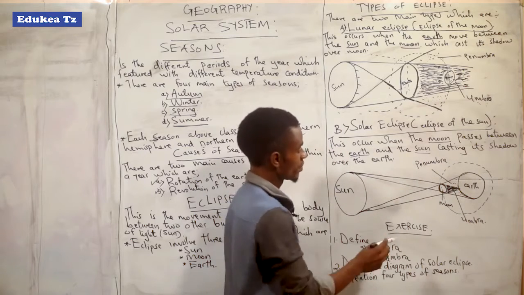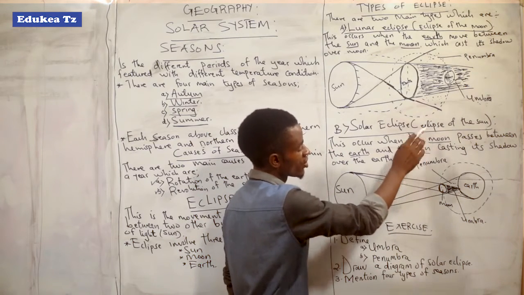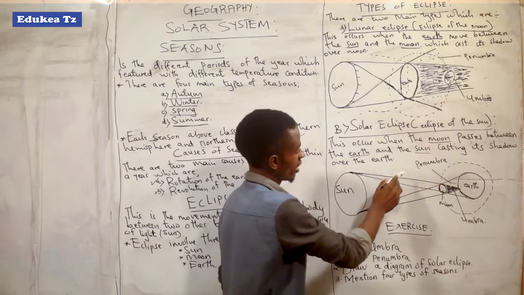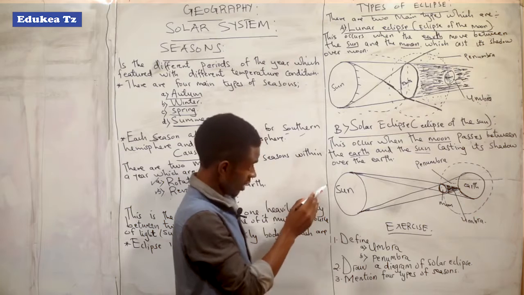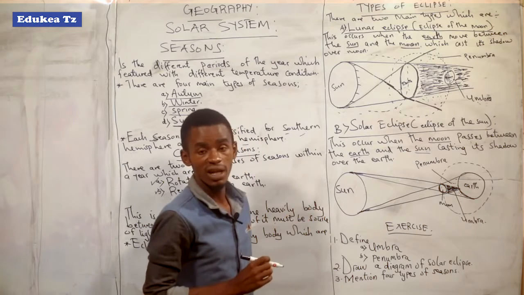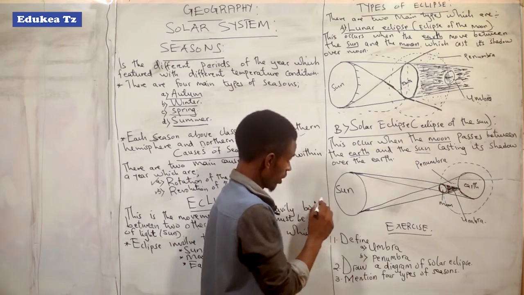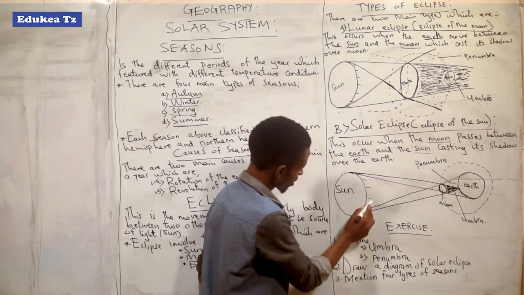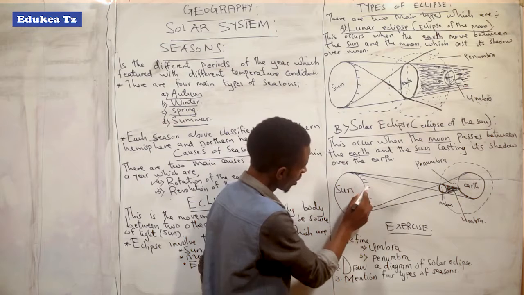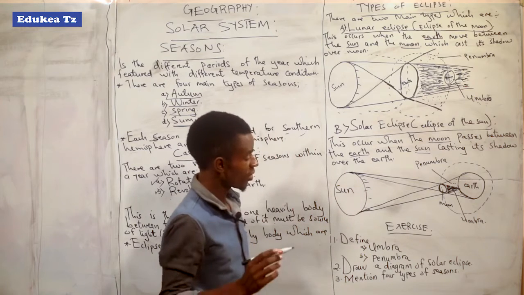So this means that the moon acts as an obstacle for the Earth to get the light from the sun. So let's look at the diagram. Here there is a sun, a producer of light.